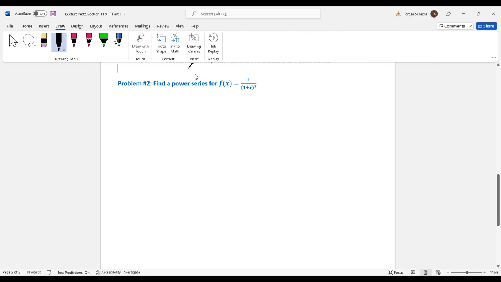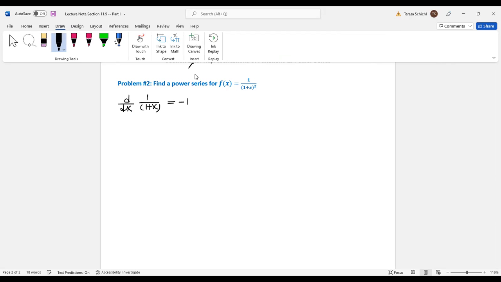This one here, I know if I take the derivative of 1 over 1 plus x, the derivative of this one will be what?